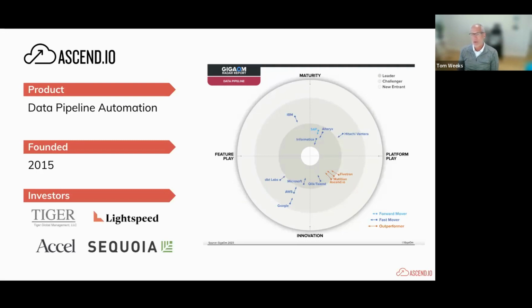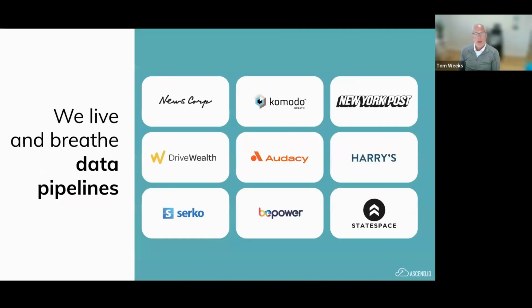And really the point here is to look at the leading companies that are innovating and building platforms for data pipeline automation. And in that bottom right-hand corner is where you'll see the combination of platform plays and innovators, and quite a good group of people there, including Ascend as both an outperformer and a leader in the data pipeline automation world.